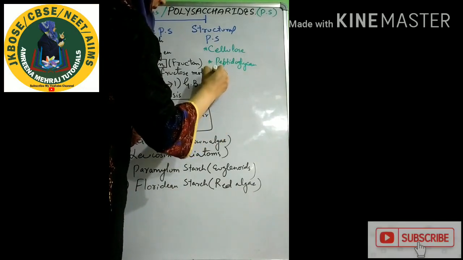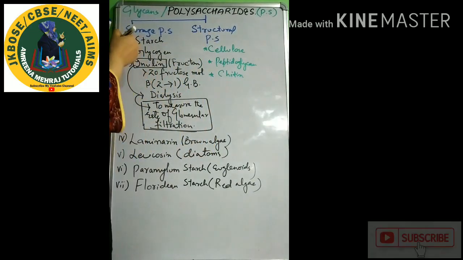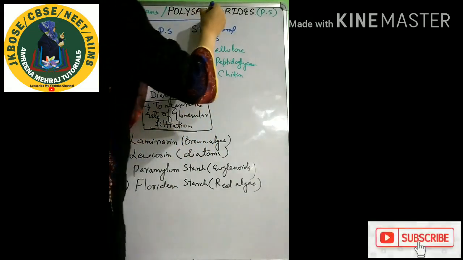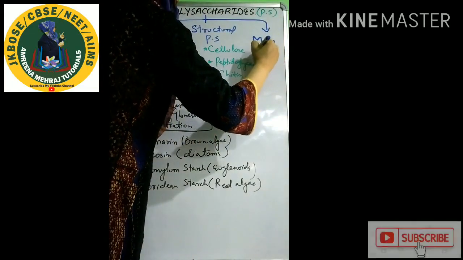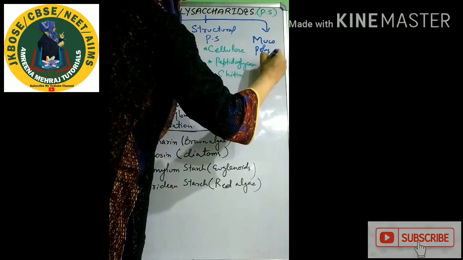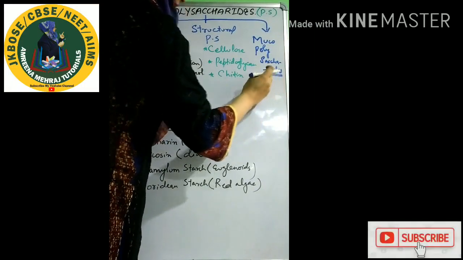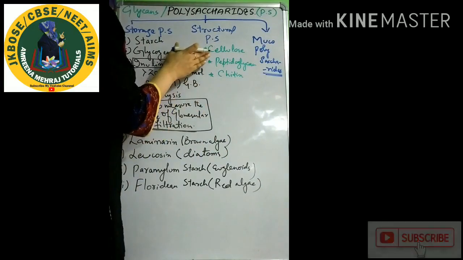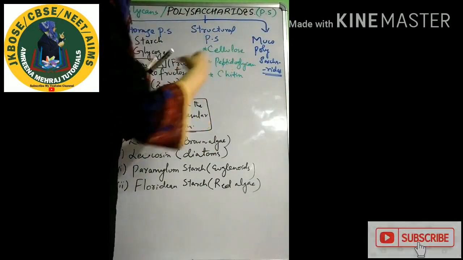And next, after that, I'll be giving you information about chitin. Okay? Once we are done with these, then we will finally go to the mucopolysaccharides. Okay? Done? So this we will go later on, and now our next step is to touch these. Specifically, we are going to touch cellulose next.